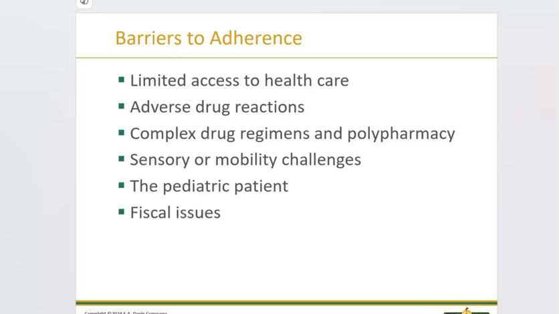One of the things I think about with mobility challenges, I had a patient that this happened to, where her daughter only worked part-time. So she'd get up in the morning and give mom her morning doses of medicines, including her morning diuretics. Mom had really bad knees and it was really hard for her to get out of the seated position. So the daughter would be there to help heave her up to get her walking to the potty and then heave her up off the potty to walk back to her chair.